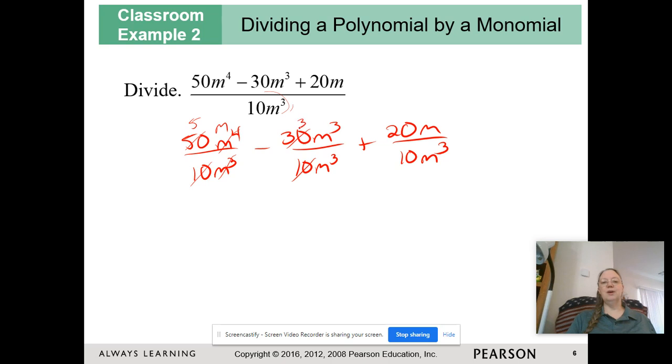Goes in there 3 times. I can cancel out all 3 pairs of m's. Goes in there twice. Now this time I have more m's on the bottom than on the top, so I can cancel out one of the m's, but I have 2 left over on the bottom. So 5m minus 3 plus 2 over m squared. The m squared stayed on the bottom.